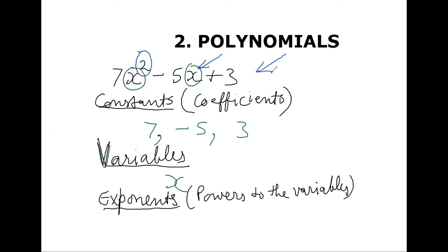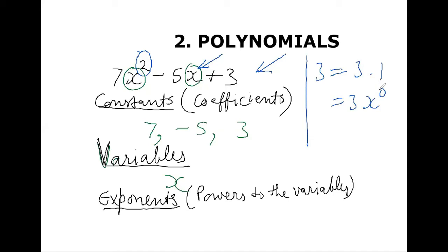Tell me. No idea? Sir, 0. See, 3 means 3 into 1, and 1 we can write as x raised to power 0. So anything power 0 is 1. So hence here the power of x is 0.